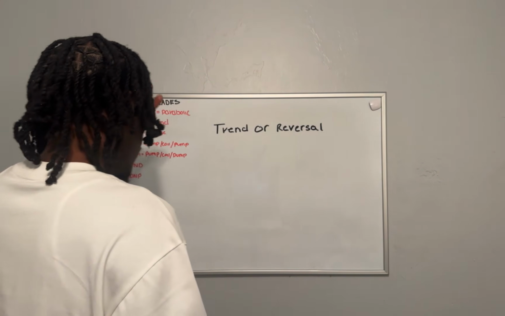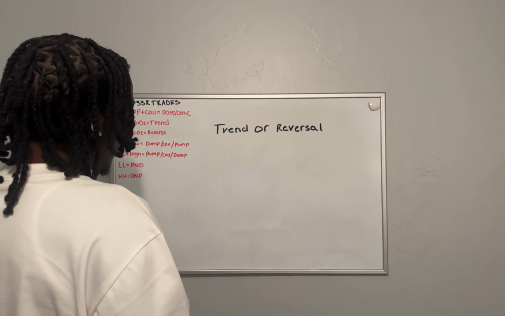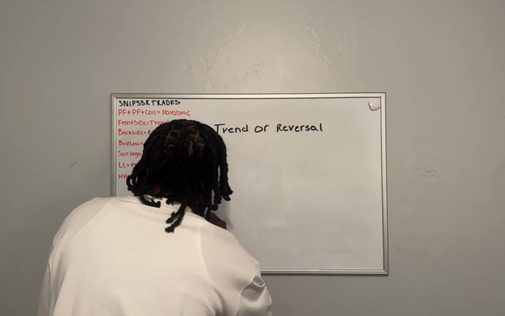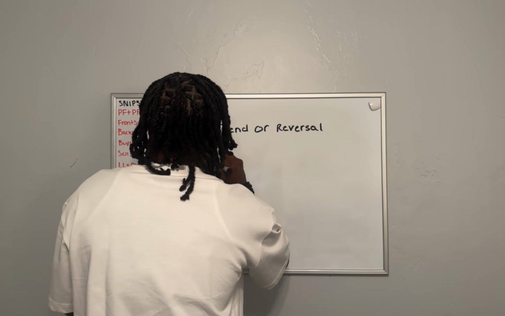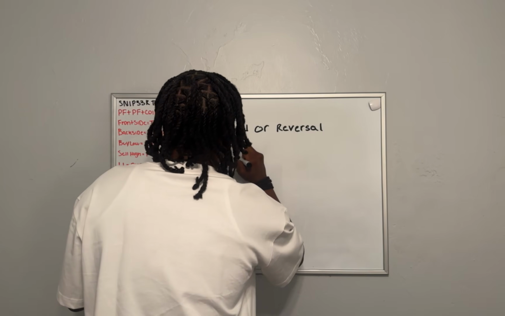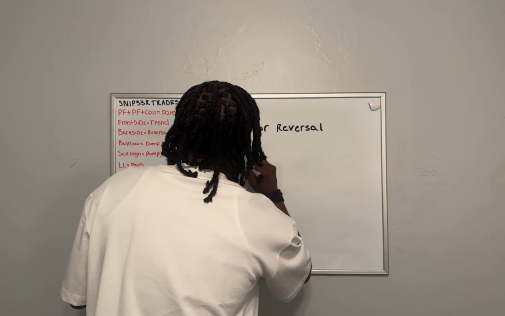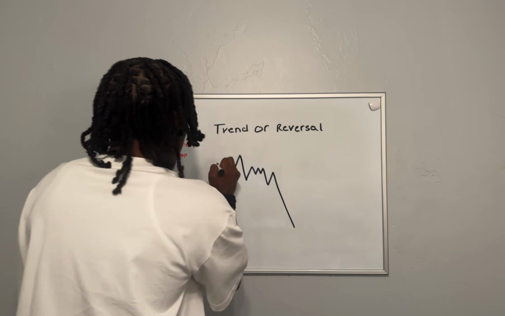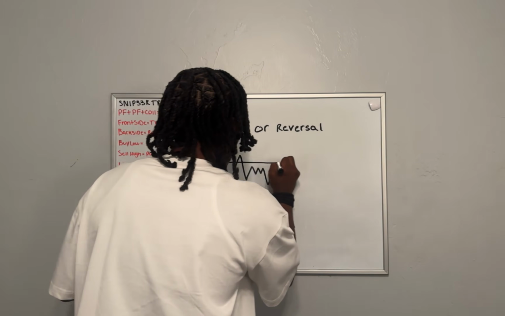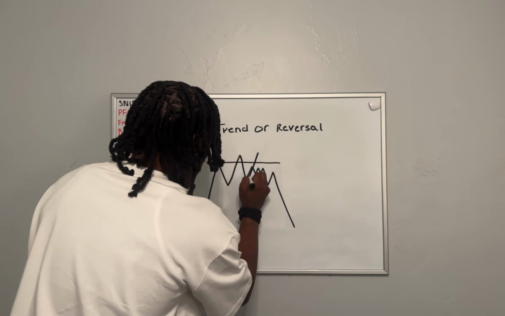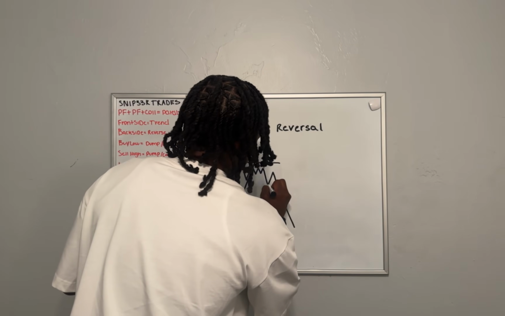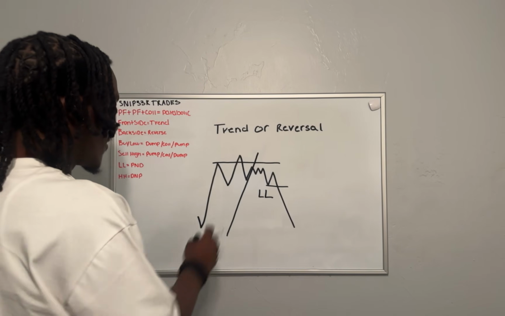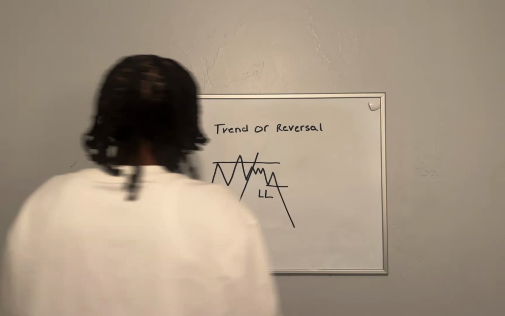Now, one scenario that I love to look for is my low, my high, they trigger the high, fail, and reverse. This happens on the back side. I will get my lower low for my trade.